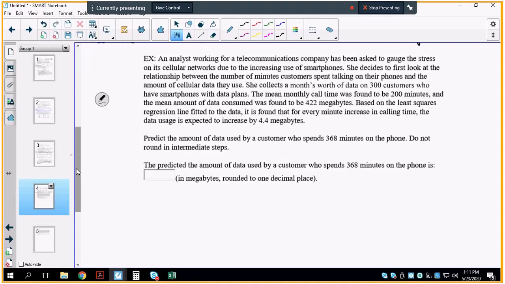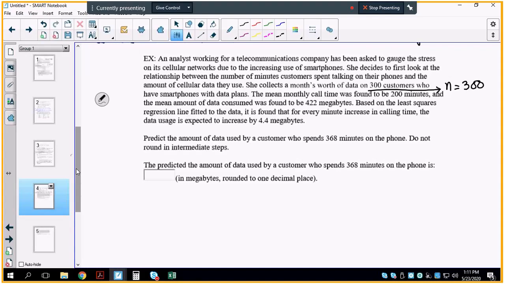She collects a month's worth of data on 300 customers. So this is the first numeric data, and I'm going to go ahead and say that N, the sample size, is 300, who have smartphones with data plans.